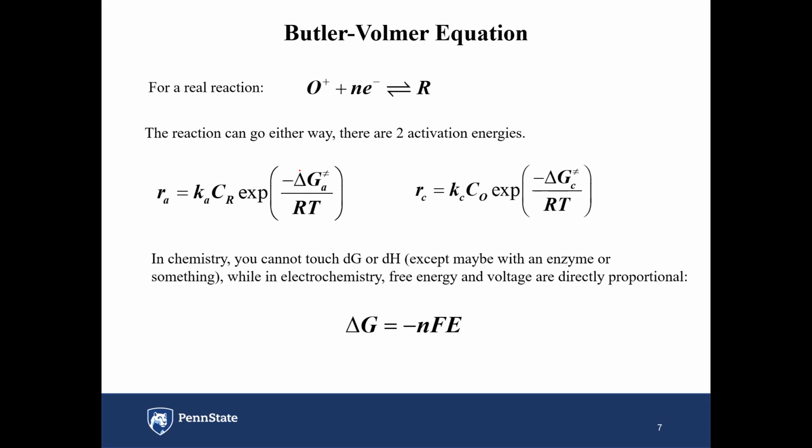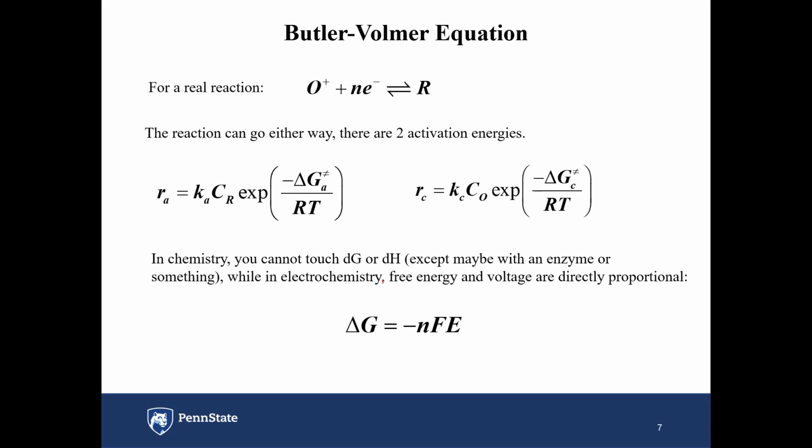One activation energy is for the oxidation reaction, and the other is for the cathodic reaction. One is the anodic reaction, so this is similar to the forward and the backward. What is the anodic reaction? The anodic reaction means we have an oxidation reaction, a backward reaction, and the cathodic reaction means we have a reduction reaction, which is a forward reaction, right?